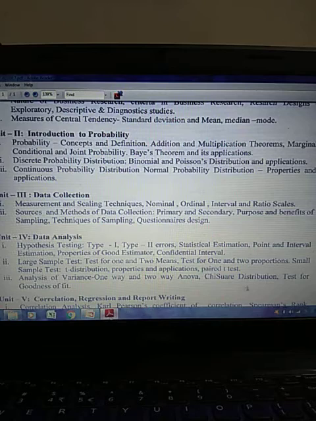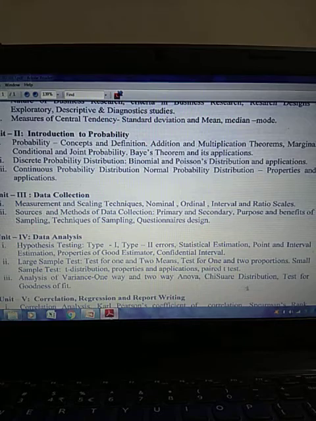Next we are going to start the data analysis. Data analysis means extracting the wanted information. There are so many tools available as far as statistics is concerned, and in BRM most of the time we focus on statistical tools. Under data analysis, in your syllabus we are going to cover hypothesis testing.